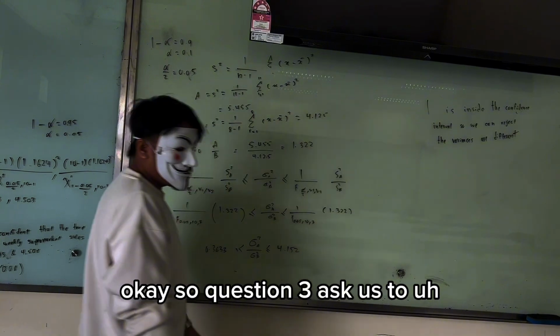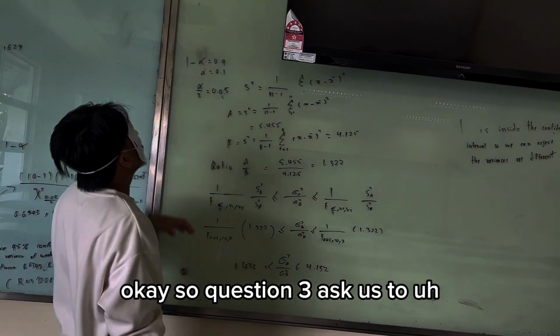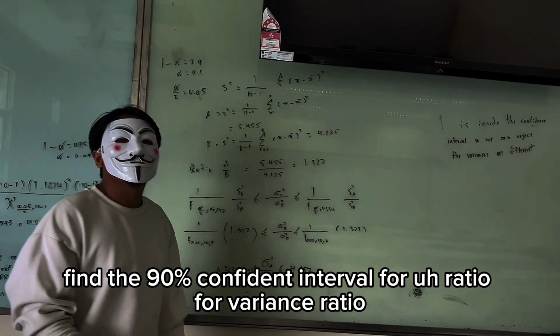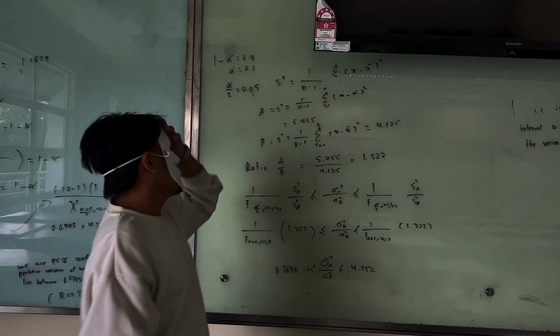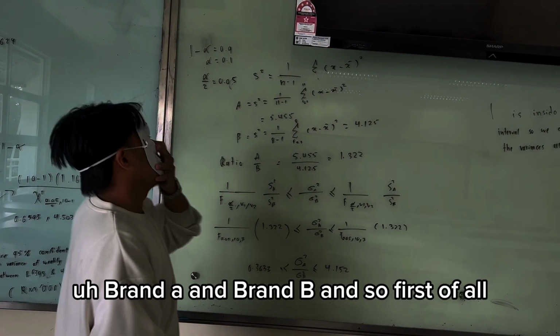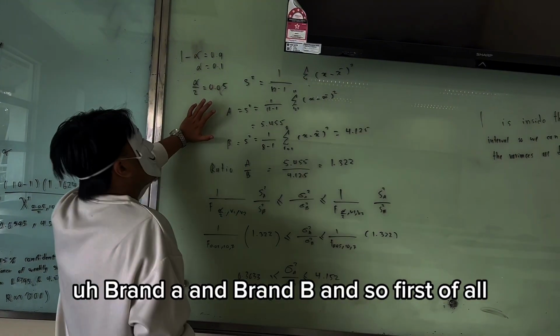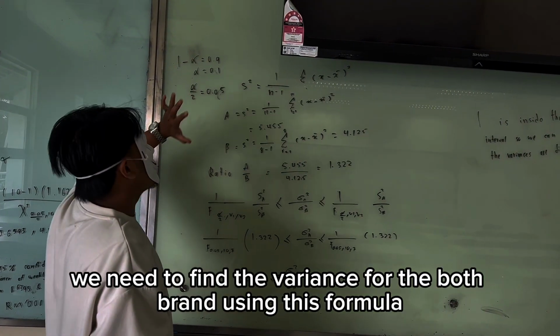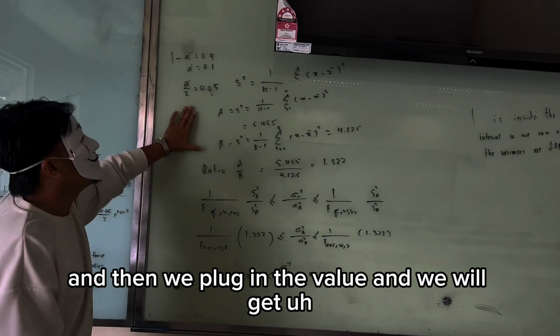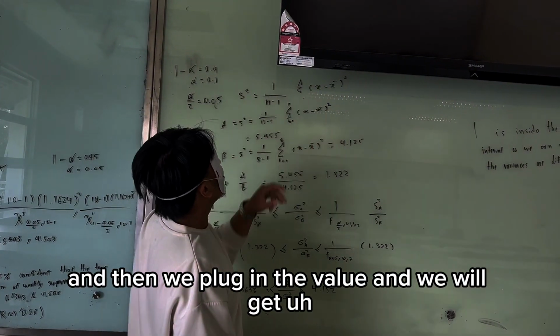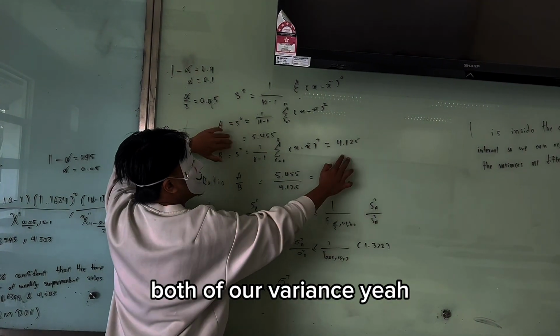Question 3 asks us to find the 90% confidence interval for the variance ratio of brand A and brand B. First of all, we need to find the variance for both brands using this formula, and then we plug in the values and we get both of our variances here.